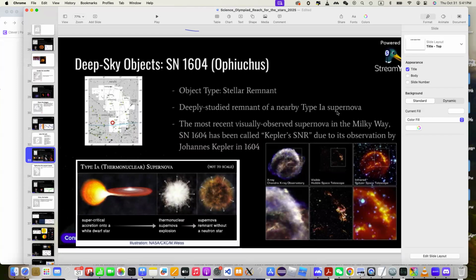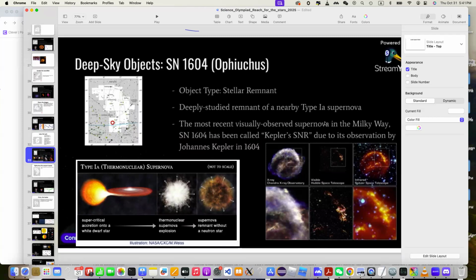A type 1A supernova can be used to measure distance because its peak magnitude is the same for all type 1A supernovae, minus 19.2. That is fixed, so that's why it can be used to measure cosmological distance.